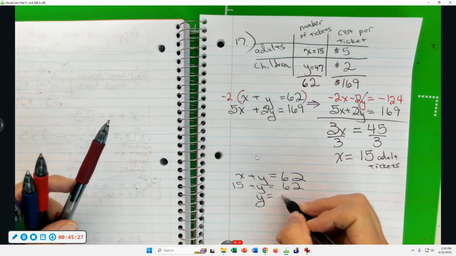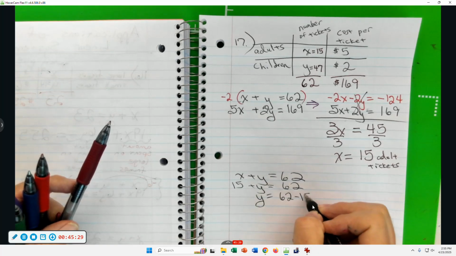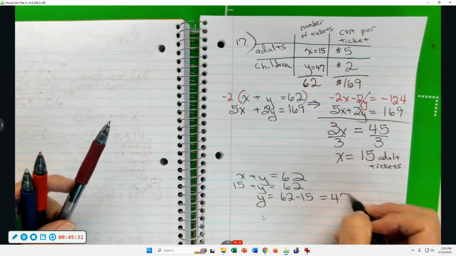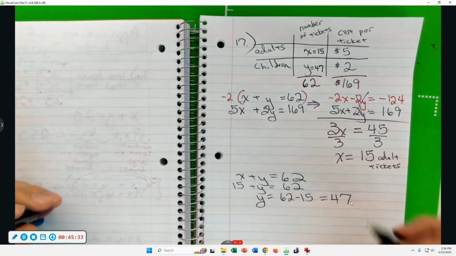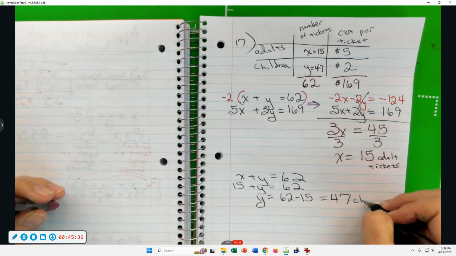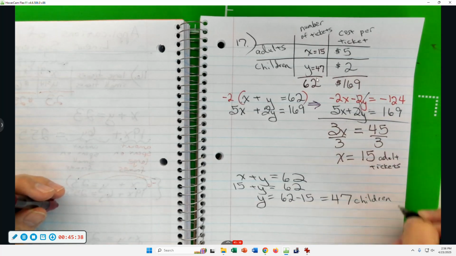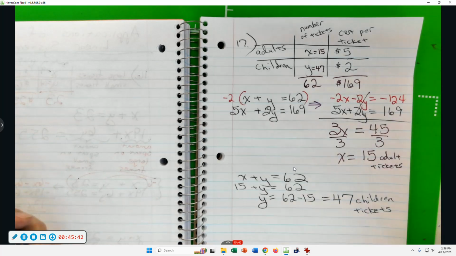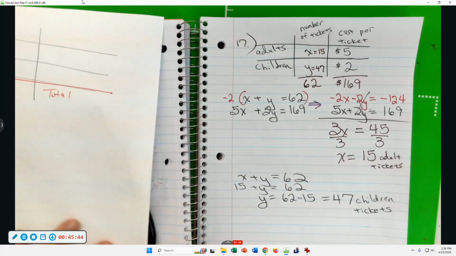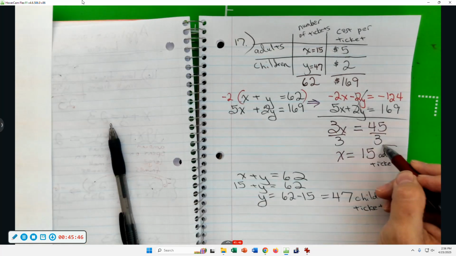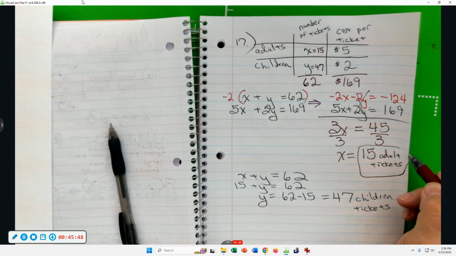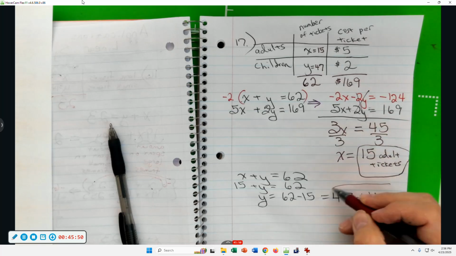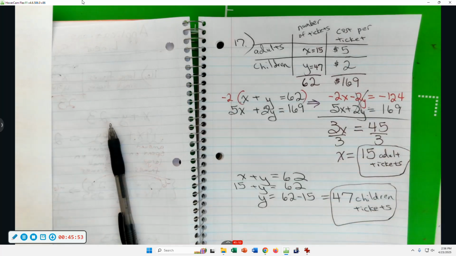Subtract the 15, 62 minus 15. Algebraically, we get 47 children tickets, but I like just thinking about it also. So they sold 15 adult tickets and 47 children's tickets.